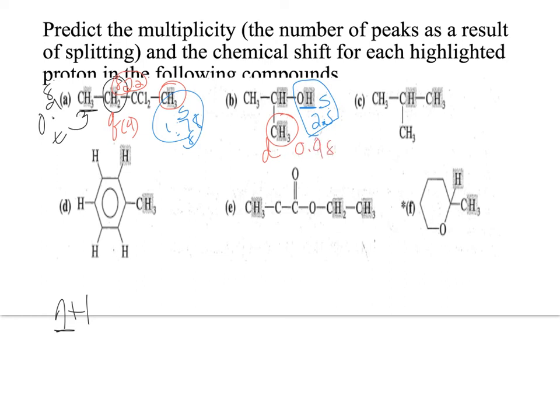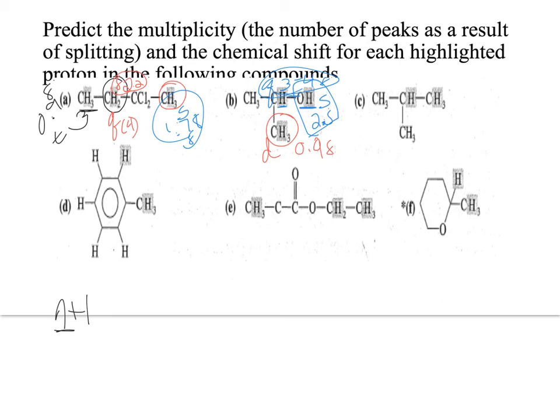And then this highlighted hydrogen is bonded to 3 neighbors, so that would be a quartet. And since that's bonded right to a carbon with an oxygen bond, you're going to look at about 3 to 4 ppm.